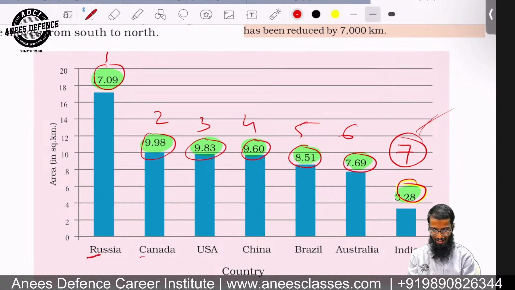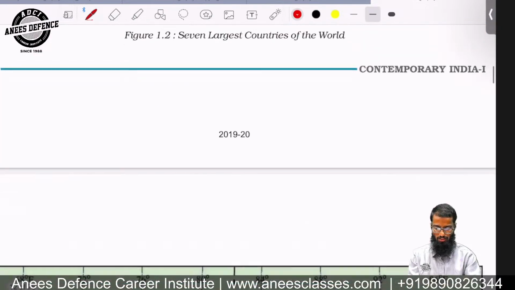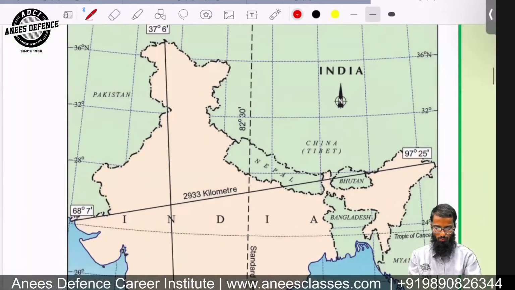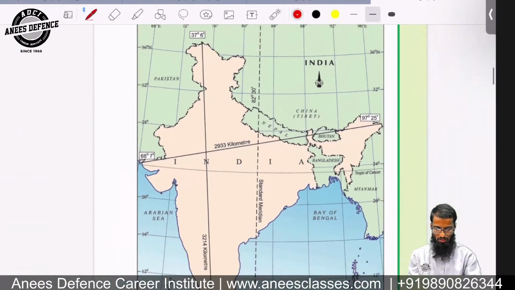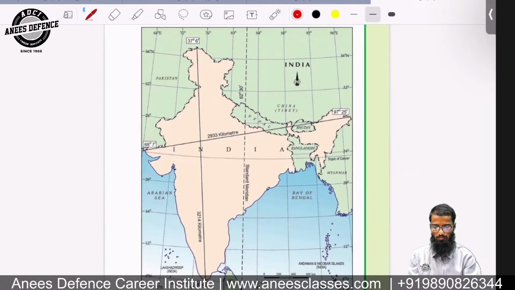Russia is first, Canada is second, USA third, China fourth, Brazil fifth. Brazil is fifth in terms of population plus fifth in terms of land also. And this is the map of India, which is important. Remember this map. Now you can see and read this.